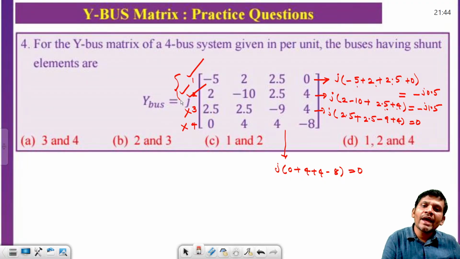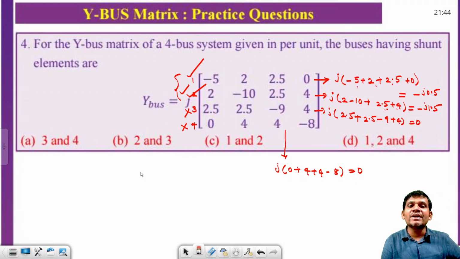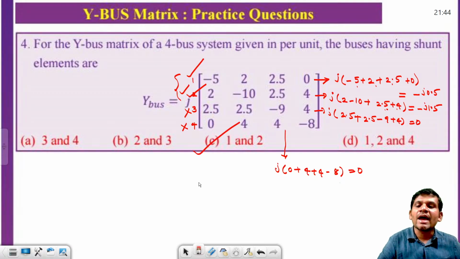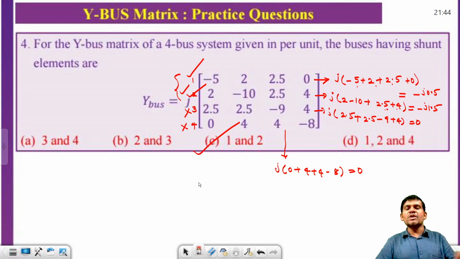Then which buses are having the shunt elements, friends? Buses 1 and 2. That is, 1 and 2 buses are having the shunt element. Simple question. Which buses are having the shunt elements? Here 1 and 2 buses are having the shunt element.